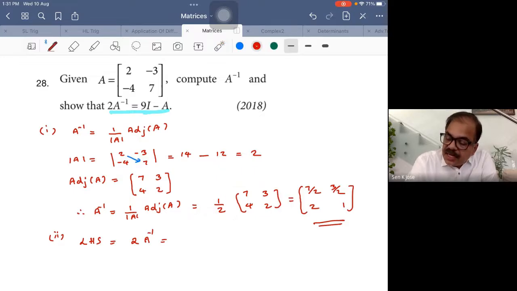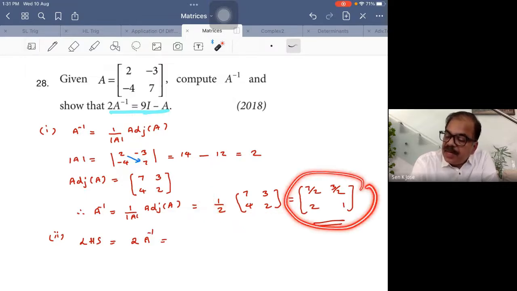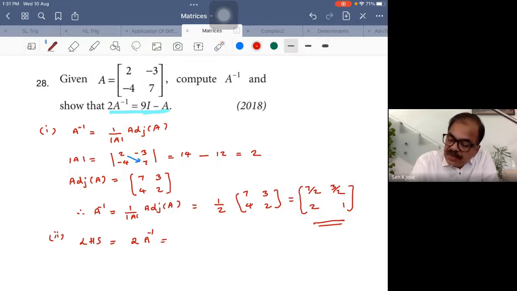So basically what is happening is I take 2 and multiply here. So 2 and half will cancel off. So I'll have just 7, 3, 4, 2. Or take 2 times this and multiply every single term by 2. So 2 times A inverse will be 7 by 2 into 2, 7, 3 by 2 into 2 is 3, 2 into 2 is 4 and 1 into 2 is 2. So that is 2 times A inverse.